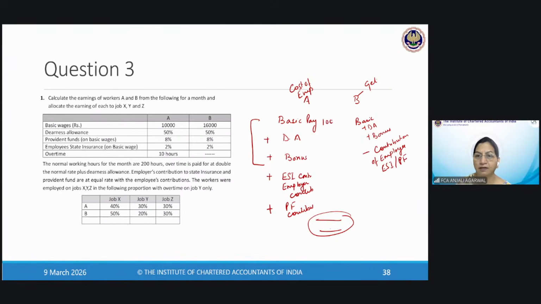So if this is 100, 100, 100, 20, 20, we can say that the employer is incurring an expenditure of 340 for the employee. But what will he get in his hand? 100, 100, 100, and if the employee is also making a similar contribution, minus 40, he ends up taking only 260 in his hand. So what he gets is 260, but what's the employer cost? It is 340. So because we are interested in finding out the employer's cost, we will take the employer's contribution also as part of the cost.